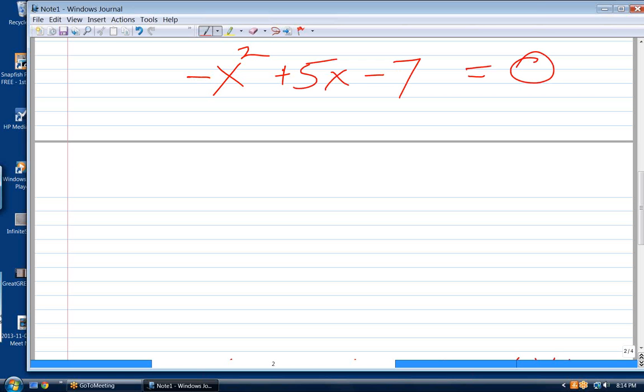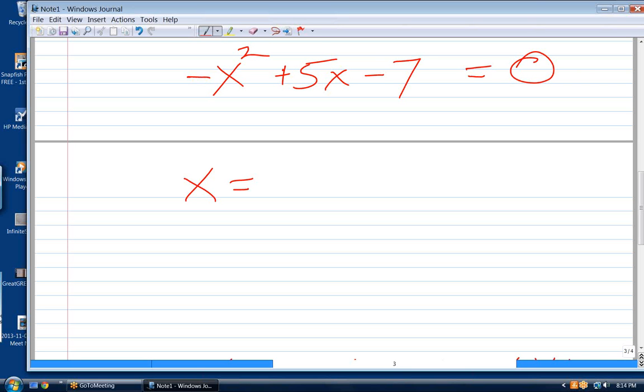Now, we can use the quadratic formula. That's fine. What I would do if I was doing this problem is divide everything by minus 1 just to get rid of the negative in front of the x squared. But since I know that it's not factorable, it's not really a necessary step.